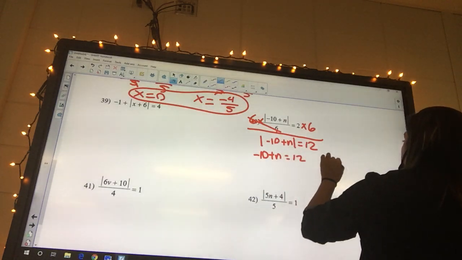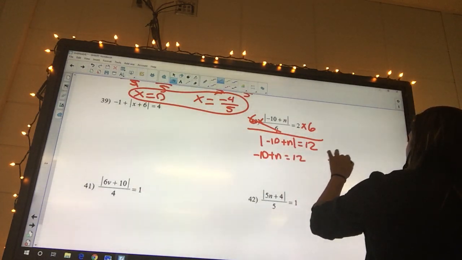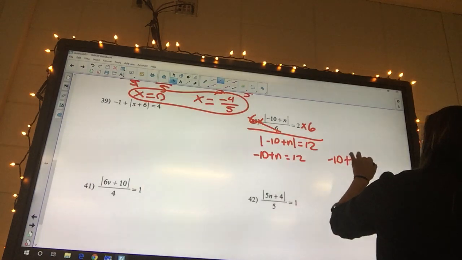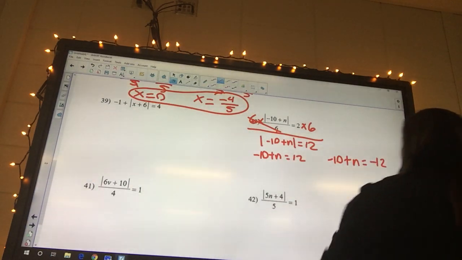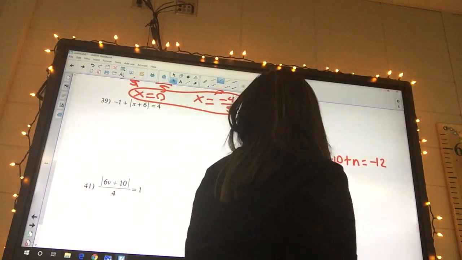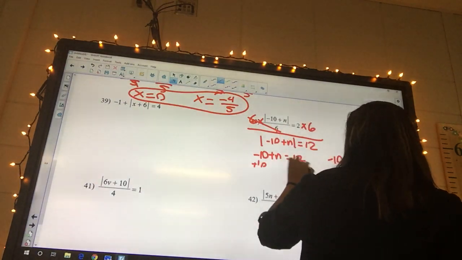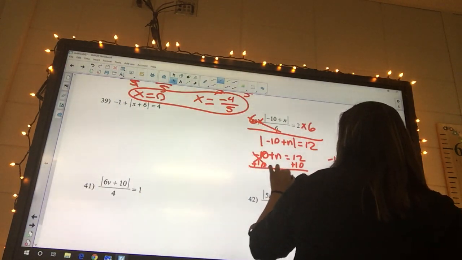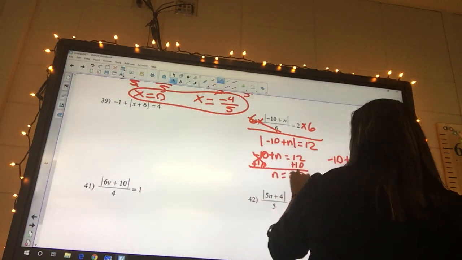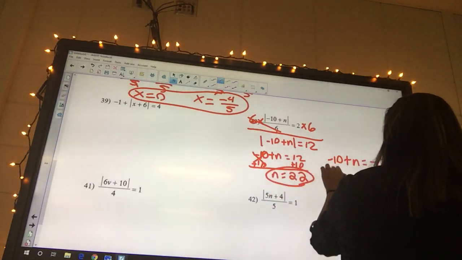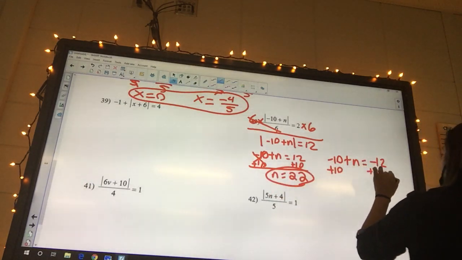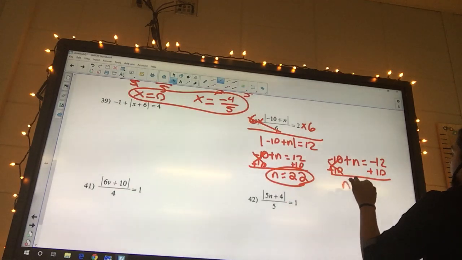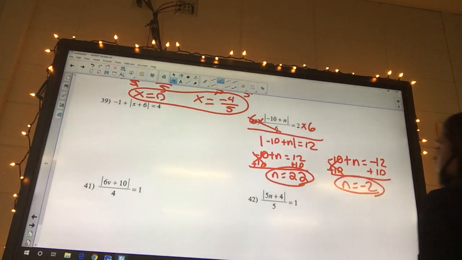And what should the other one be? Negative 10 plus n equals negative 12. So I got plus 10, plus 10. n equals 22. And my other one, plus 10, plus 10. n equals negative 2.